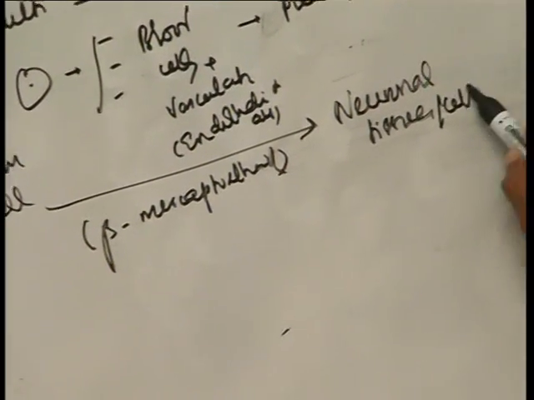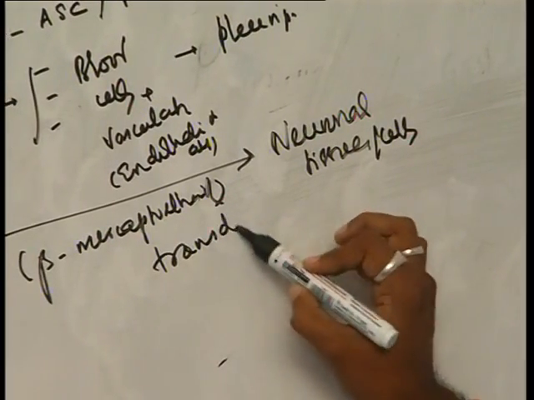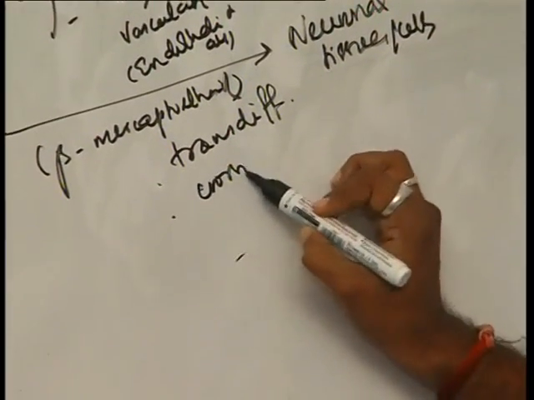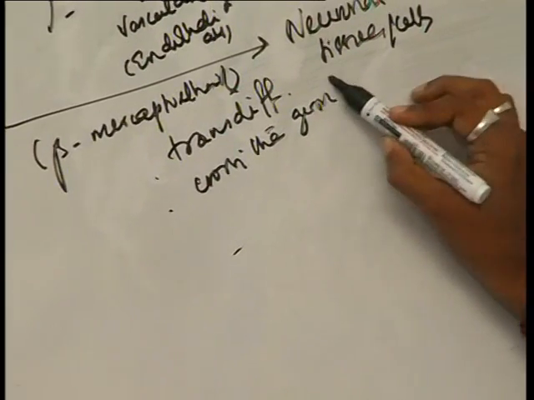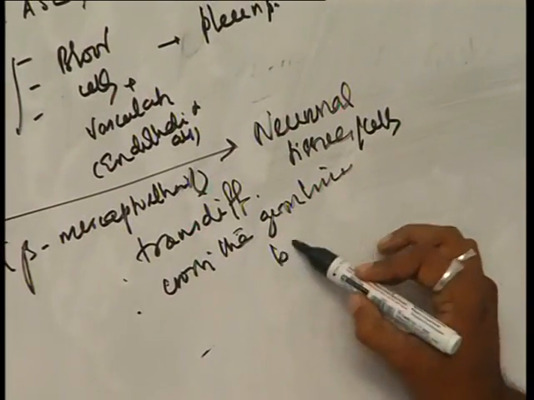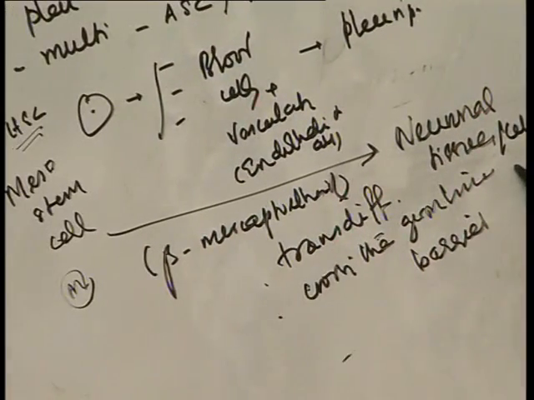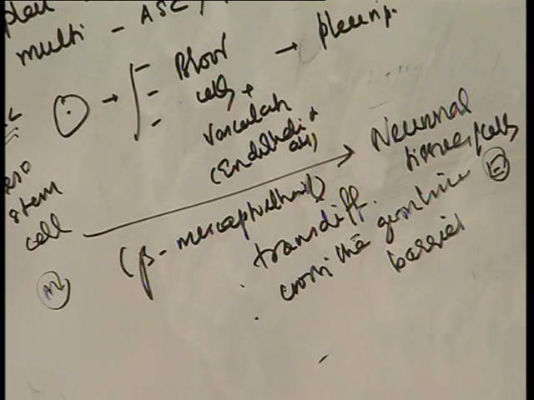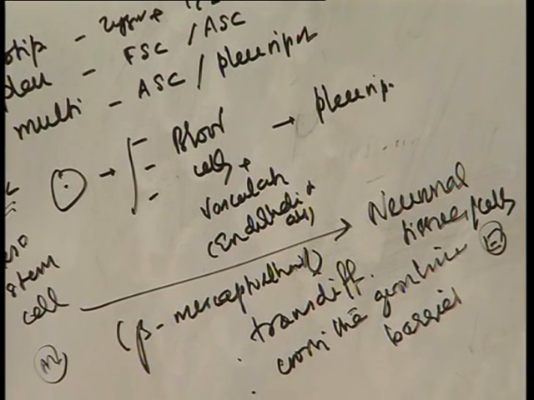This is called transdifferentiation. It is also crossing the germline barrier. Why? This is a mesoderm, and it crosses to become ectodermal type. So this is crossing the germline barrier. This is some of the things you can bring about as far as stem cells are concerned.